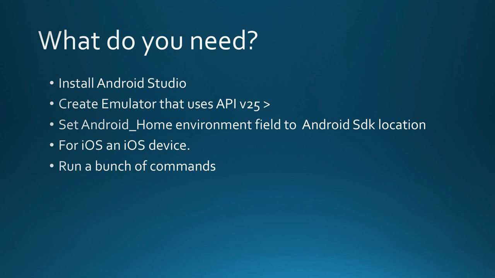NativeScript requires it; it's what it looks for when you're trying to run it. And then you would also need an emulator or a device, an iOS device or an Android device, and then you just need to run a bunch of commands, which I'll show you just now.